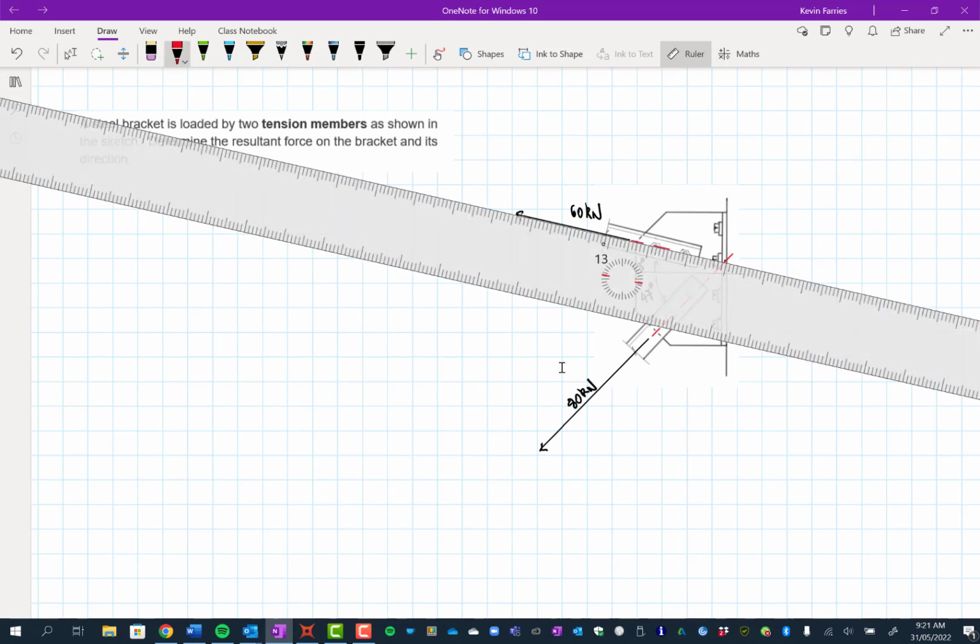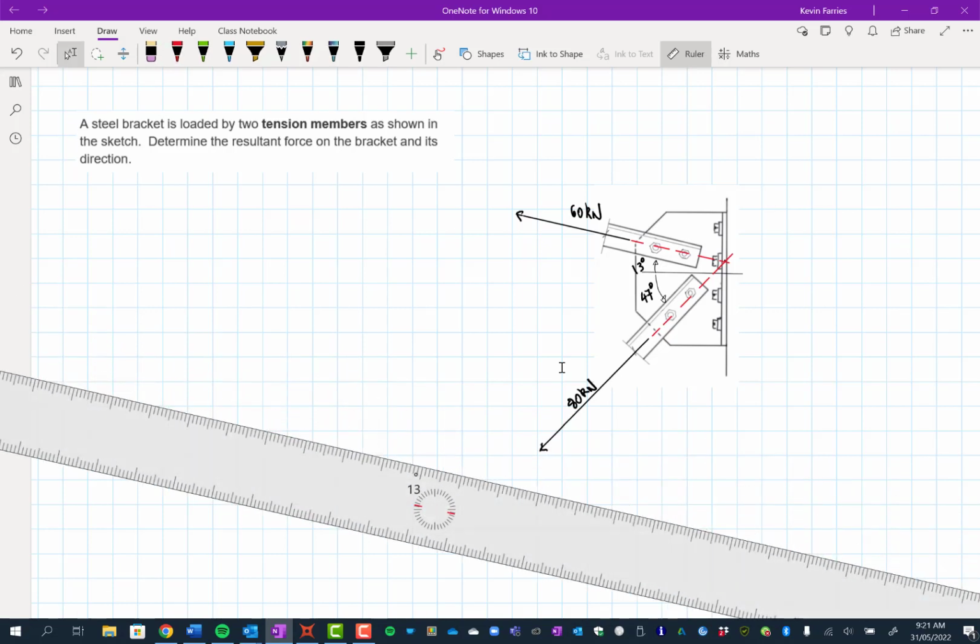You won't change anything if you move the force vectors along their line of action. So I can move this back along here. It won't change anything in terms of the analysis of that plate. And I can do the same with the 60 kilonewton force.